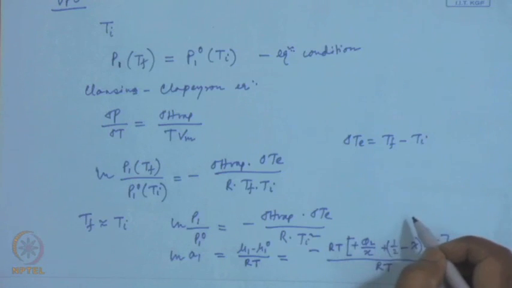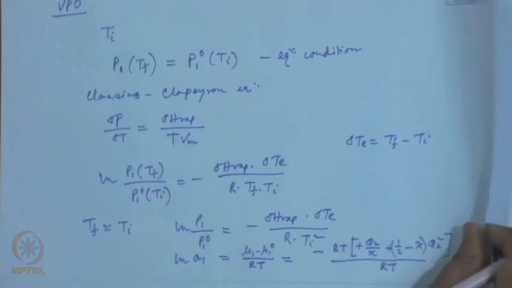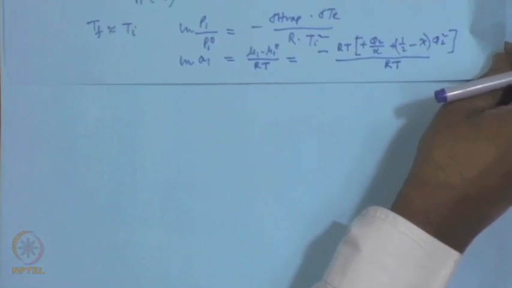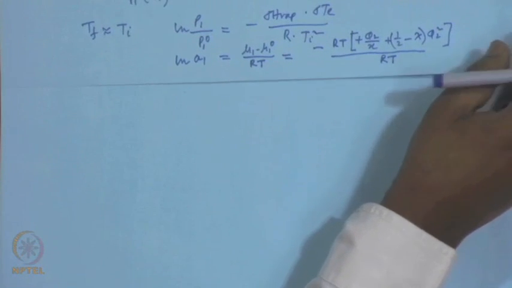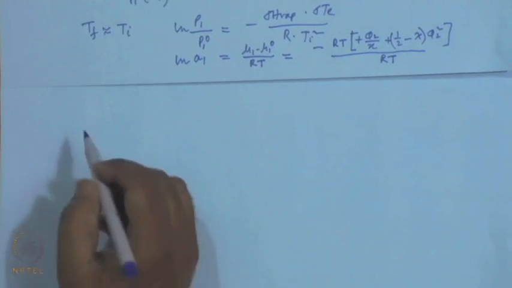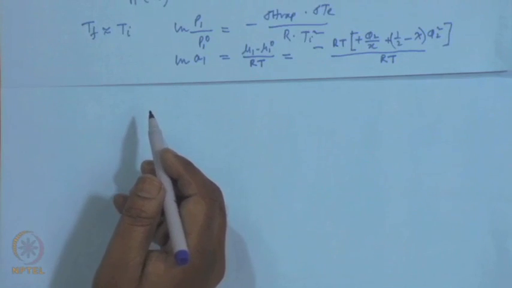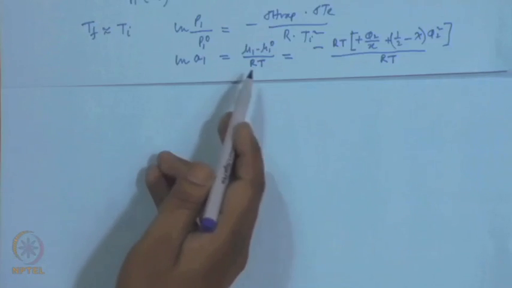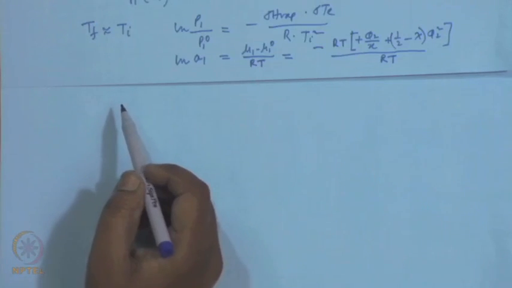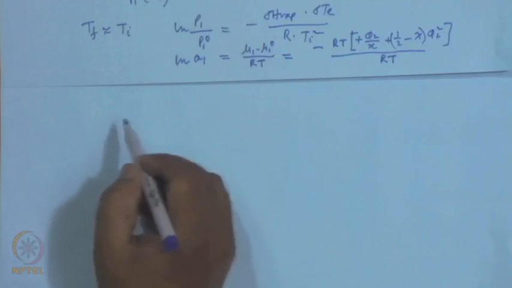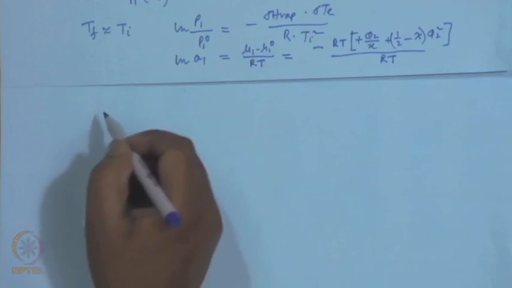So, from there, if you start from this expression, we can write R T ln on the left hand side, like this, R T.